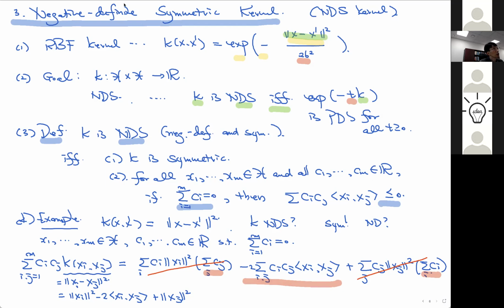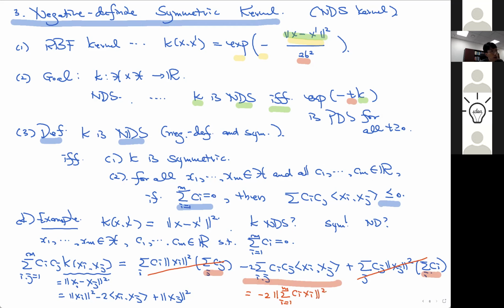But now this term has to be smaller than or equal to 0 because of positive definiteness of the inner product, or you can understand this directly by saying this is actually minus 2 times the norm squared of the summation of ci xi.